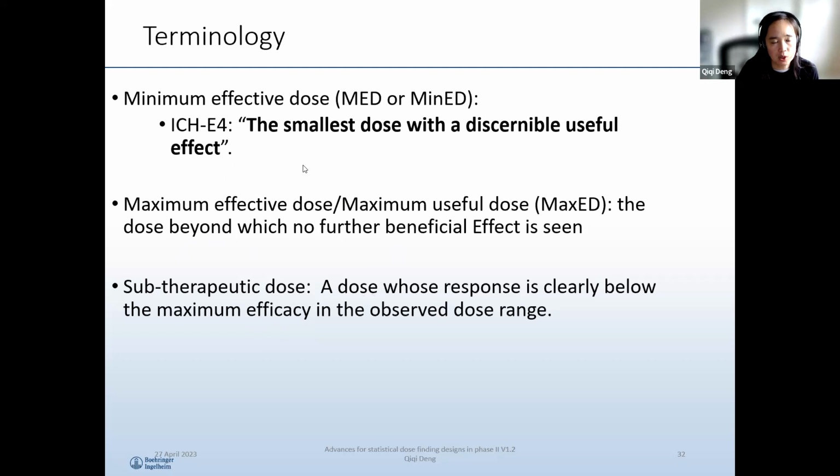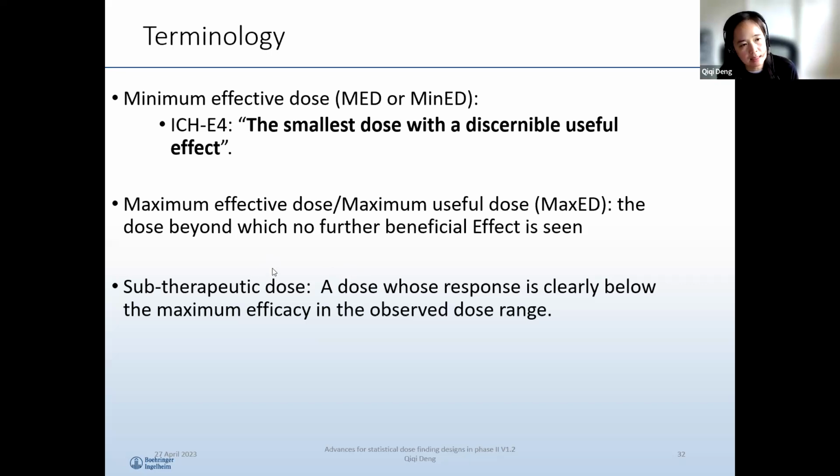And then by trying to find that minimum effective dose, we usually need to test some subtherapeutic doses, on which the response is clearly below the maximum effect. So if you have a dose that you expect to be working, then you're going to test it.